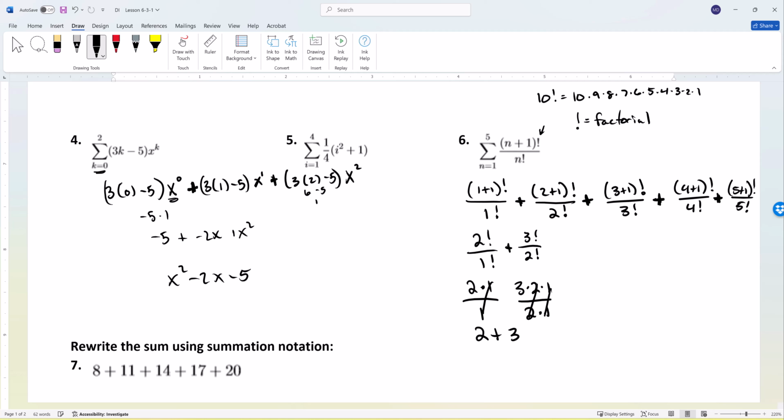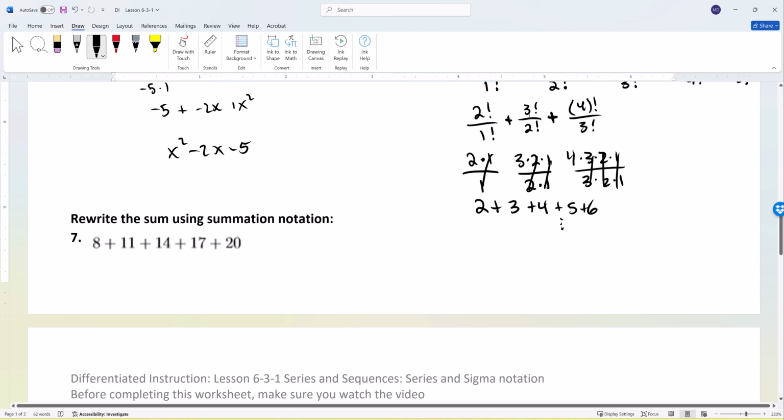And so you get plus 3. So you got to be careful, right? That just doesn't reduce like that. You have to actually write out the factorials. So plus, you get 4 factorial over 3 factorial, which is 4 times 3 times 2 times 1 over 3 times 2 times 1. Those will cancel out, so you're going to get plus 4. And I'm sure you see the pattern now. You're going to get plus 5 and then plus 6, and then you just need to simplify that.